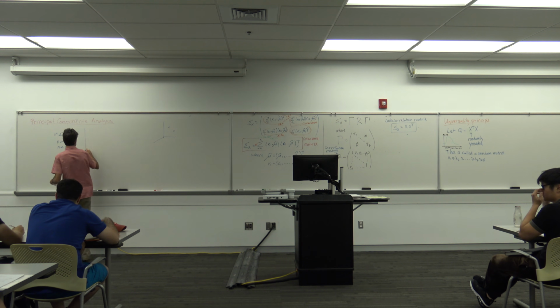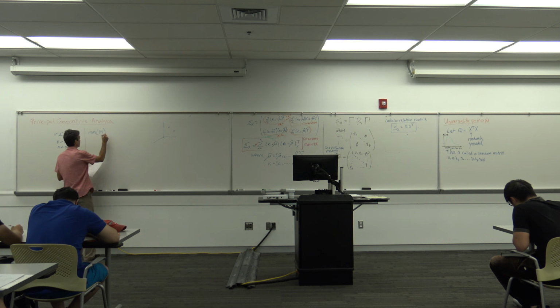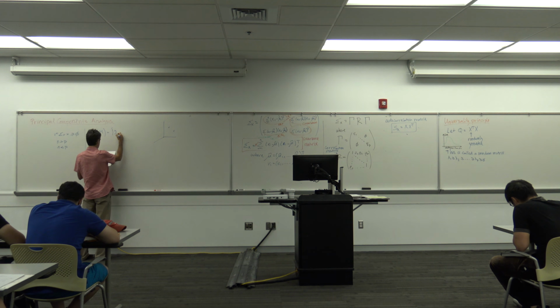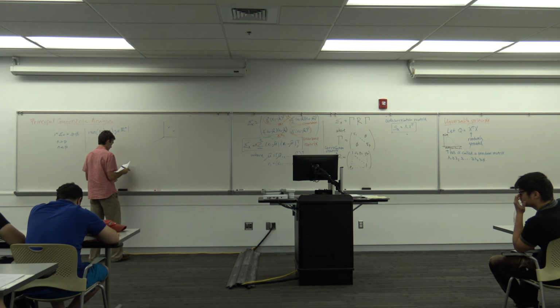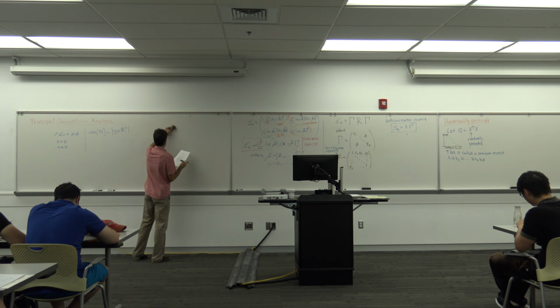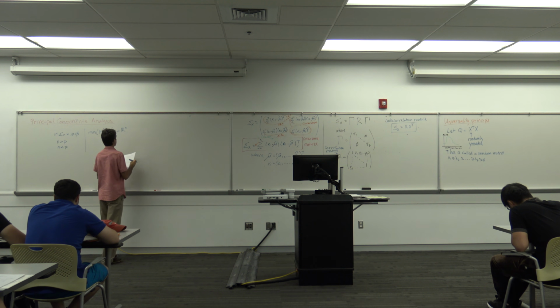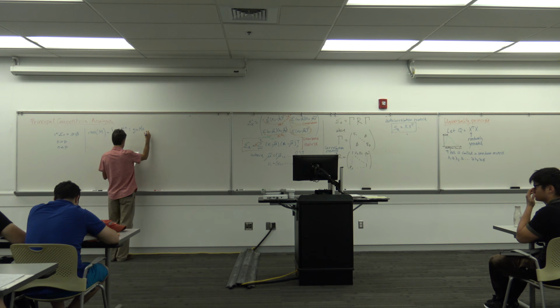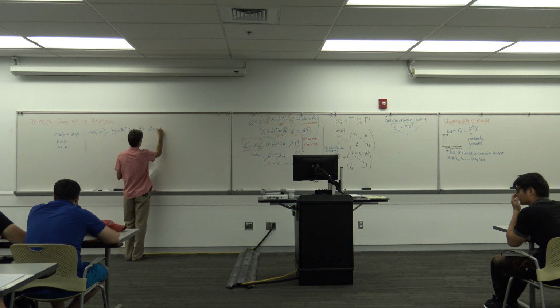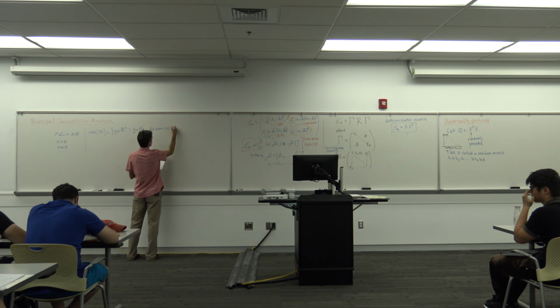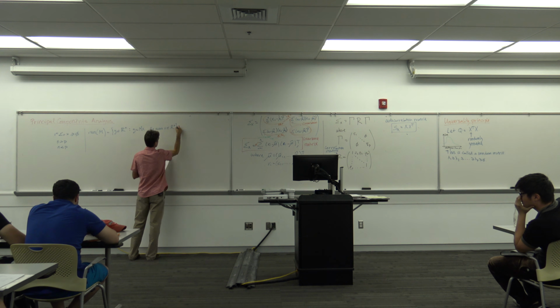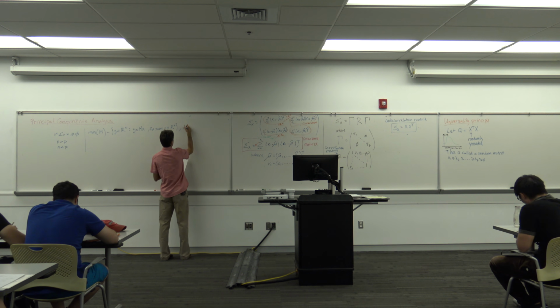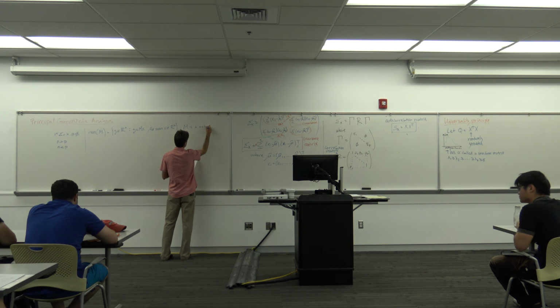So remember, quick review, the range of a matrix M is the same as all the elements of the real space where this is defined such that y is equal to Mx for some x in, say, R^b, and of course M is an a by b matrix.